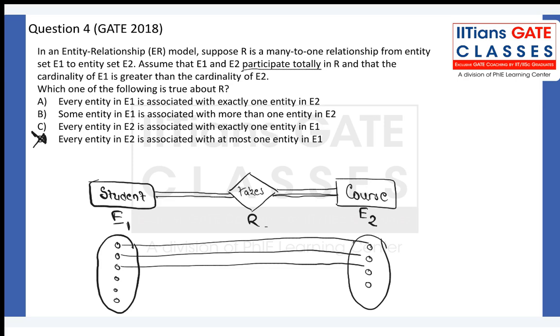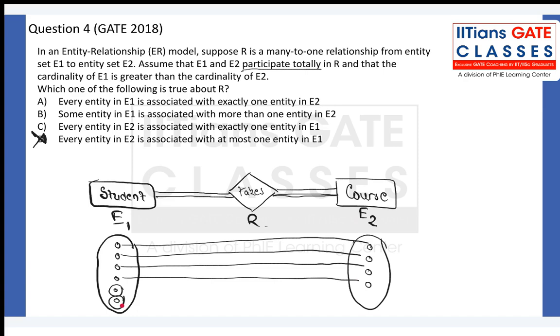What does it mean? It means that E2 is participating totally in R. Every entity in E2 is associated with exactly one entity in E1. Is E1 participating totally in R? Look carefully. Are these two associated as well with an element of E2? What does total participation mean?